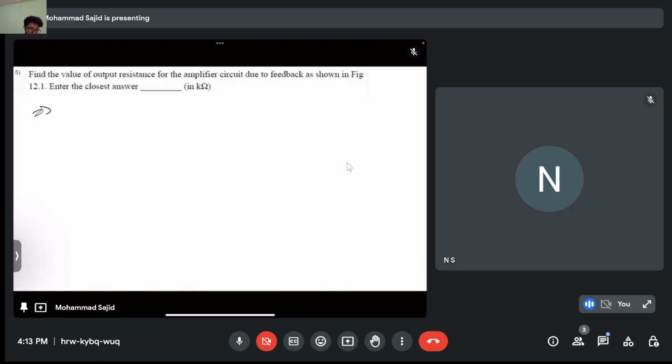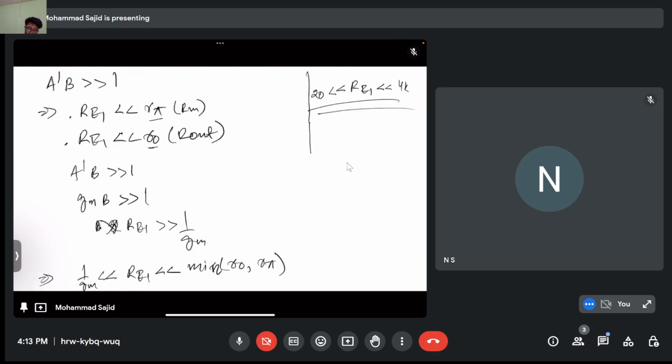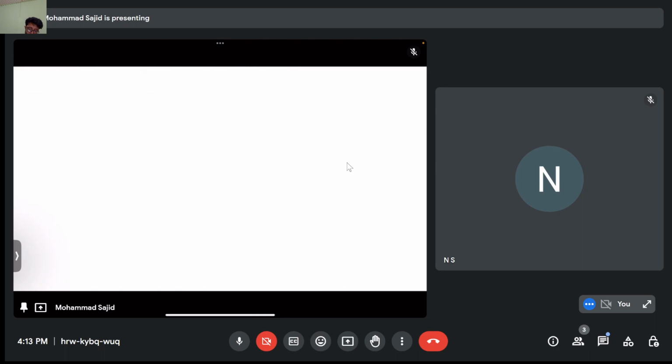Similarly, output resistance. Output resistance final will be R out into D. R out is 100K into 20. R out is given to us.